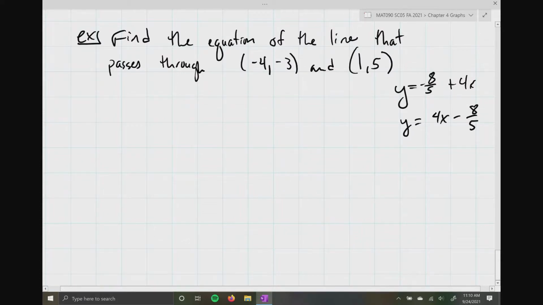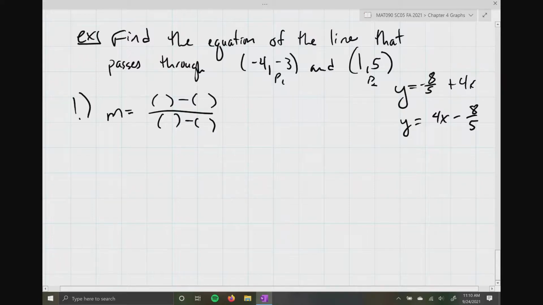So step 1. Do we know the slope or do we have to calculate it? Yeah, we're going to calculate it. So m is going to equal, and I'll make this point 1 and this point 2. So let me just set up real quick.